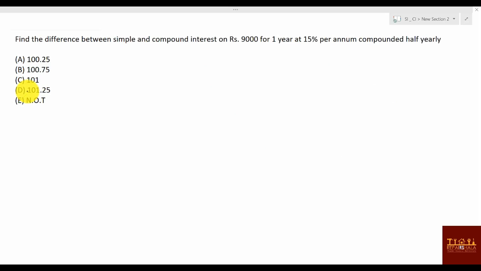Next, difference between simple and compound interest for 9,000. On 9,000 for 1 year it is 15% per annum compounded half yearly. Compounded half yearly means what? 7.5% and 7.5%, right? So your rate of interest is 7.5%.